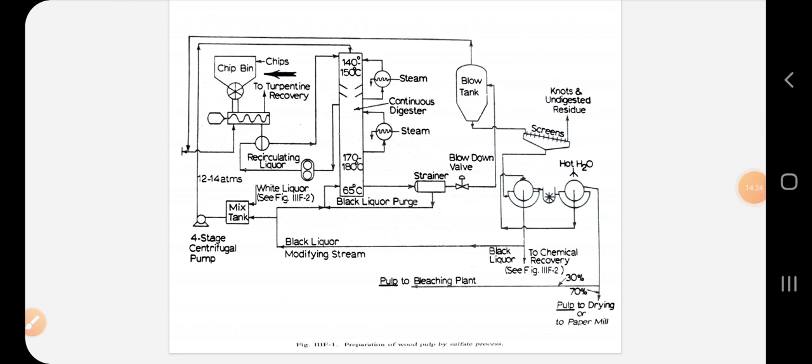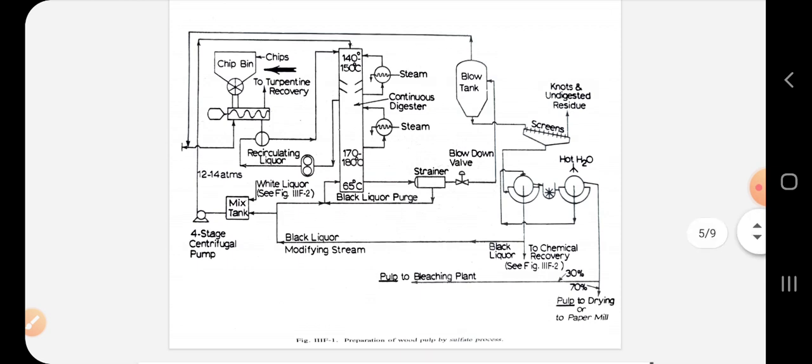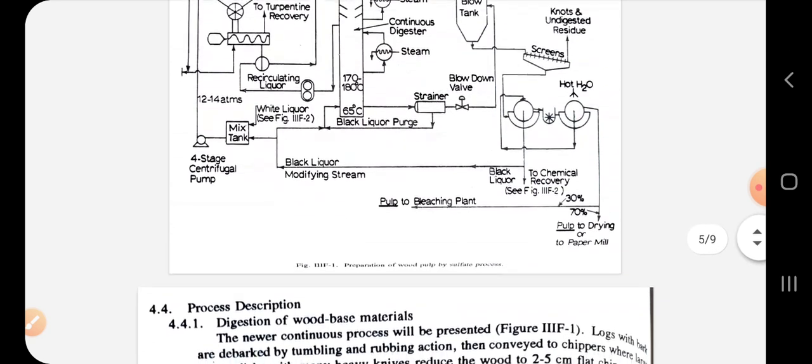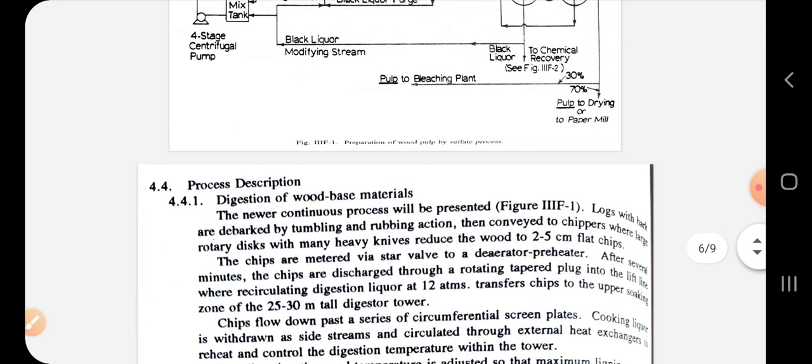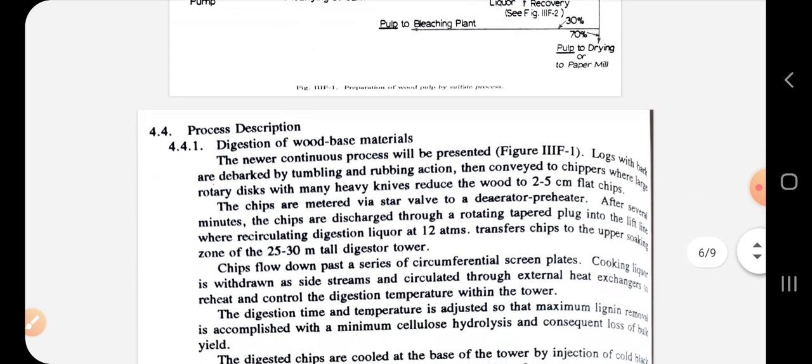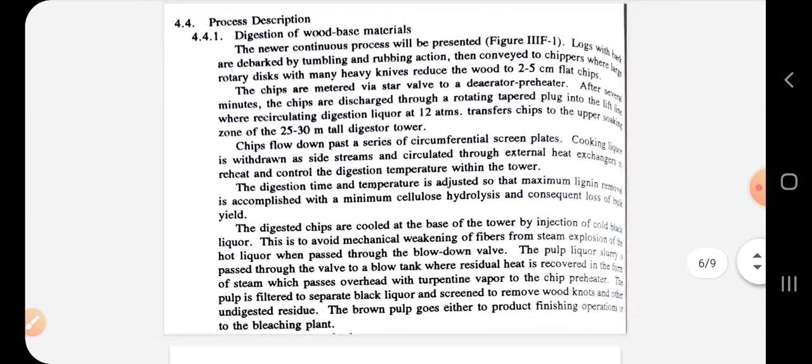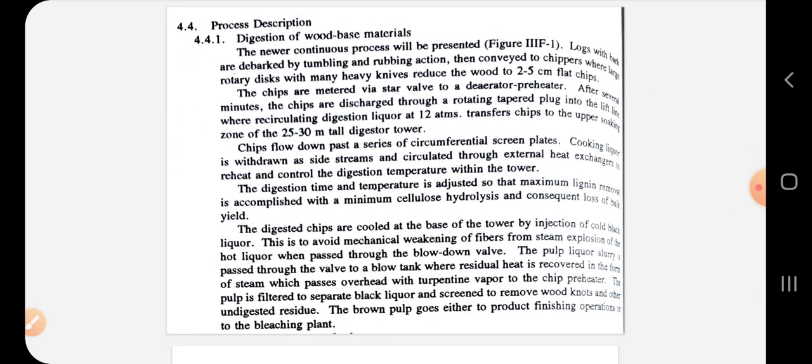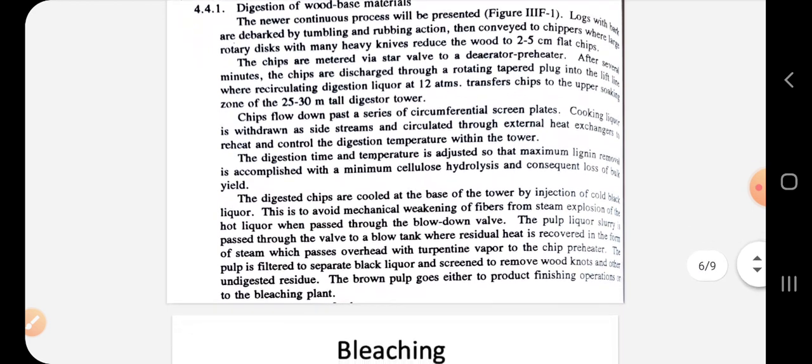Some packing papers may use this brown pulp directly for paper manufacturing. In those cases, bleaching is not a necessary step, and this pulp is sent directly to the paper mill. So this was the process description which we saw.